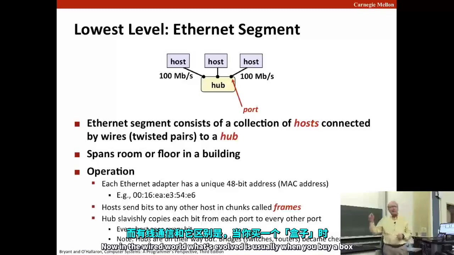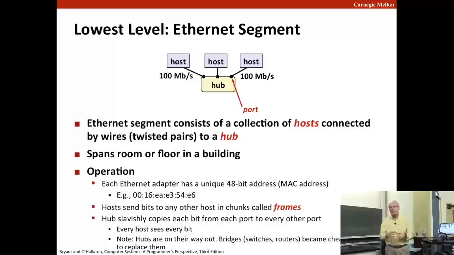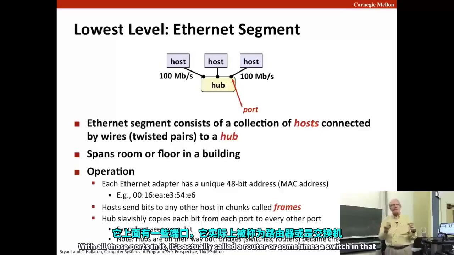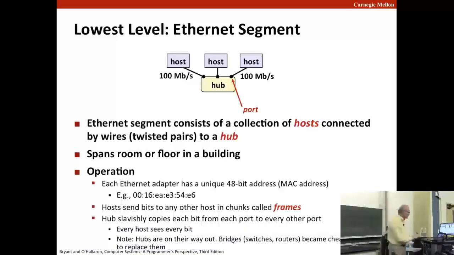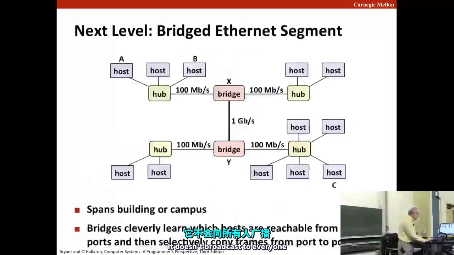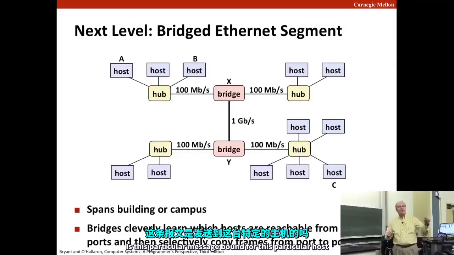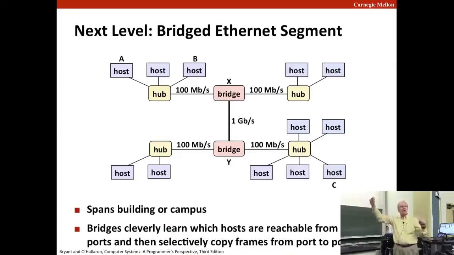Now in the wired world, what's evolved is that usually when you buy a box or you get one from your cable company with all those ports in it, it's called a router or sometimes a switch, in that it doesn't broadcast to everyone. It selectively tries to guess, is this particular message bound for this particular host, and only sends it to that one.